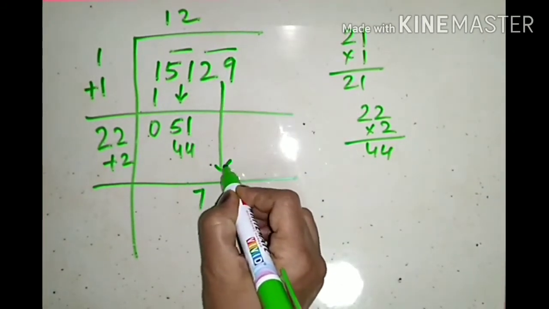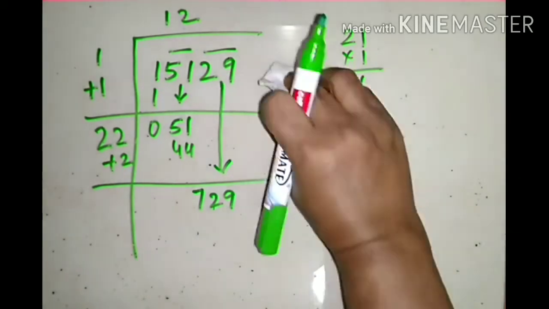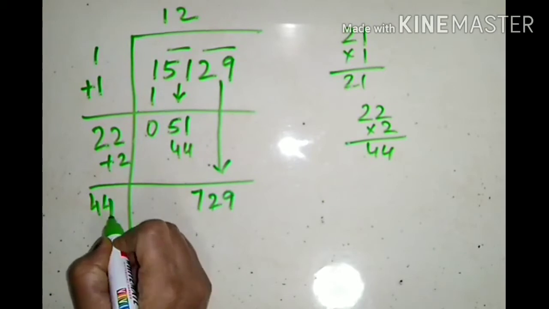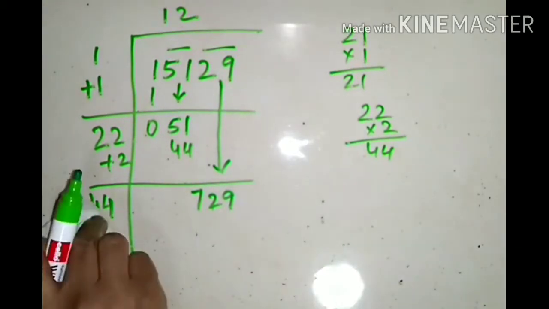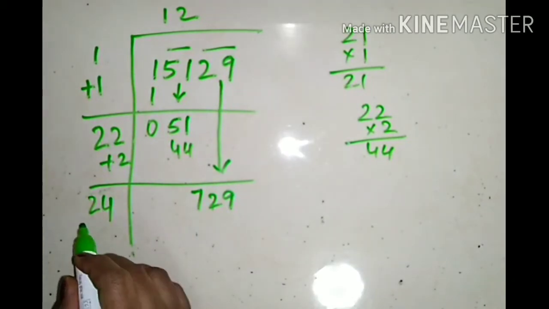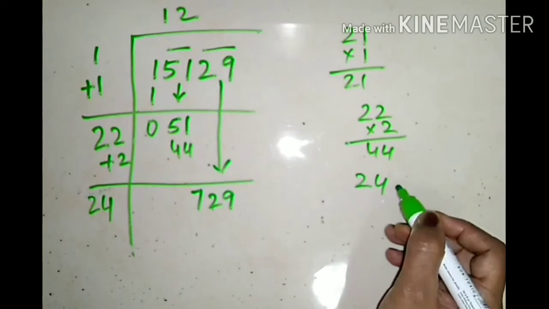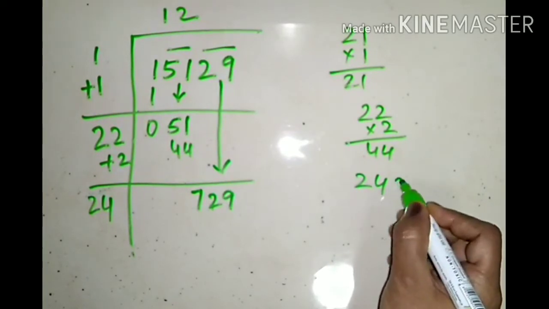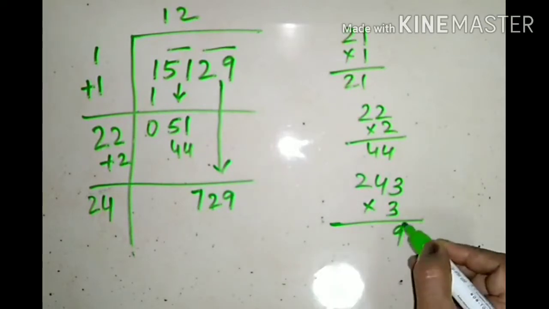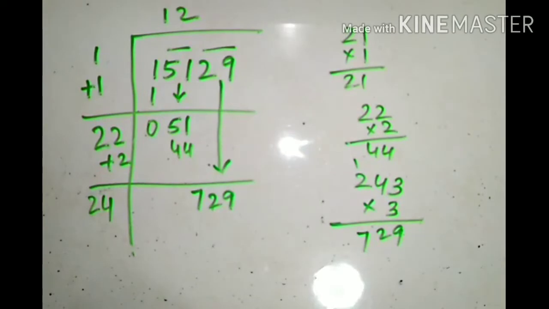We will bring this 29 down, and this is 24. We have to write a number in units place and multiply it by the same number. So if I write 3 and multiply it by 3, I will get 9. 3 4s are 12. So we have 729.